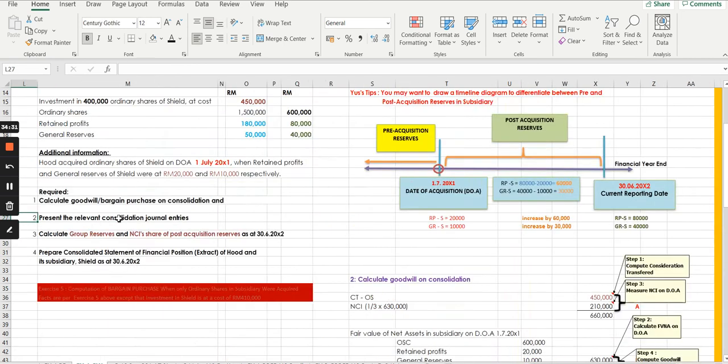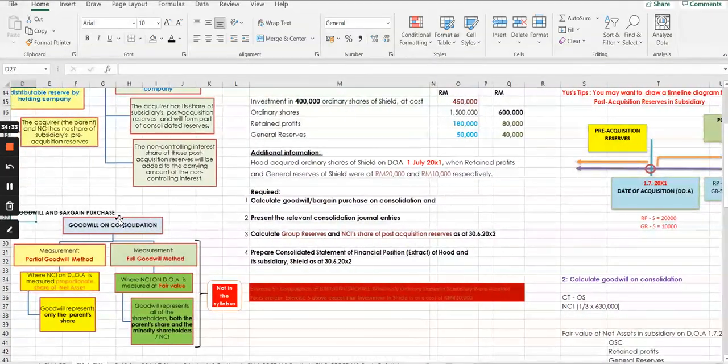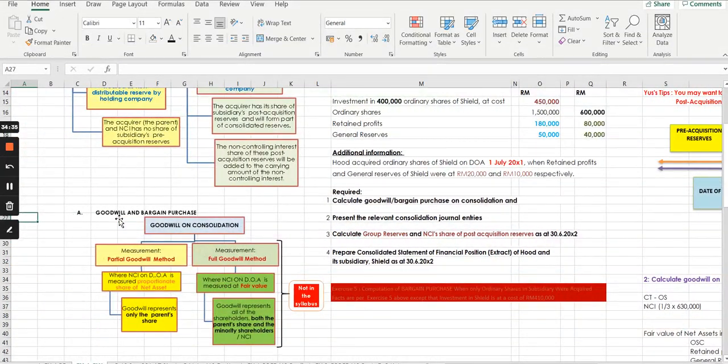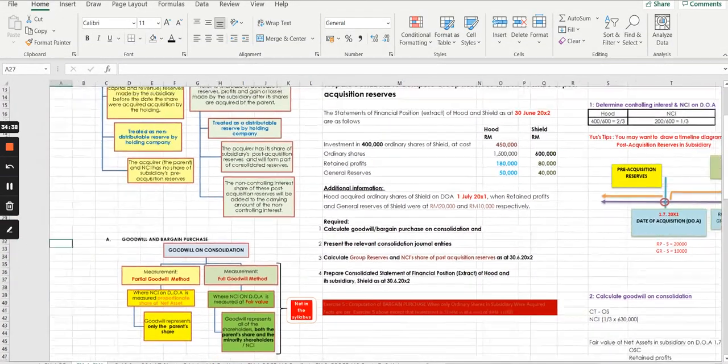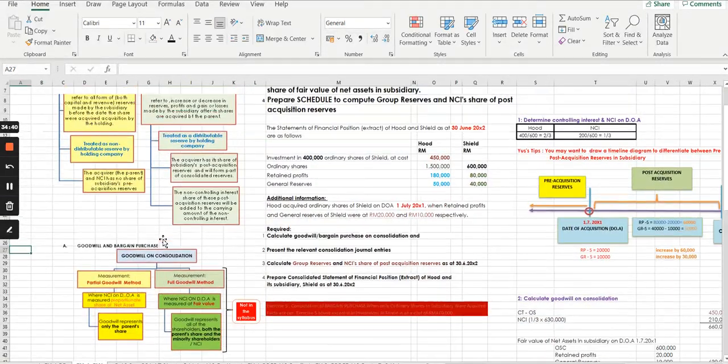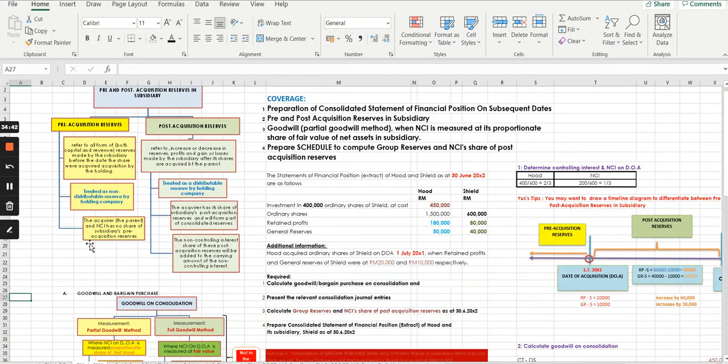As I mentioned in the diagram that I have made for you, the pre-acquisition reserve is not supposed to be shared, but the post-acquisition reserve will be shared accordingly.